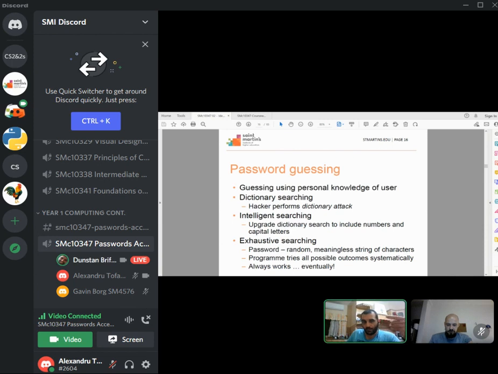Now this can be refined a bit more with the third one, the intelligent searching, because with the intelligent search, what is done is to take the dictionary search and start including different patterns or combinations. For example, you include numbers. If you have the word computer, the C may be a capital letter, the O may be a zero. So intelligent searching is taking the basic dictionary word and complicating it a little bit.